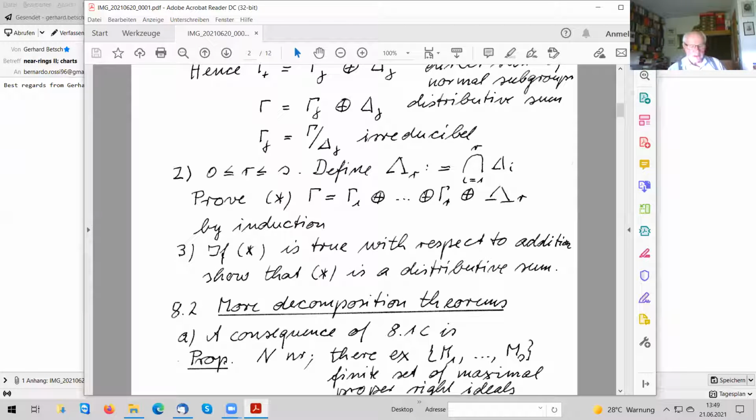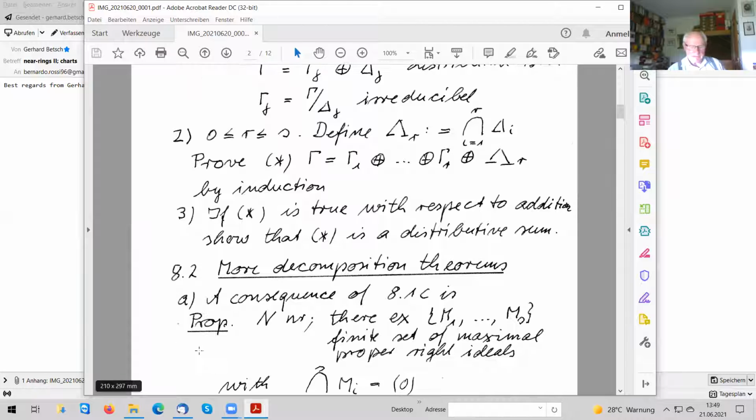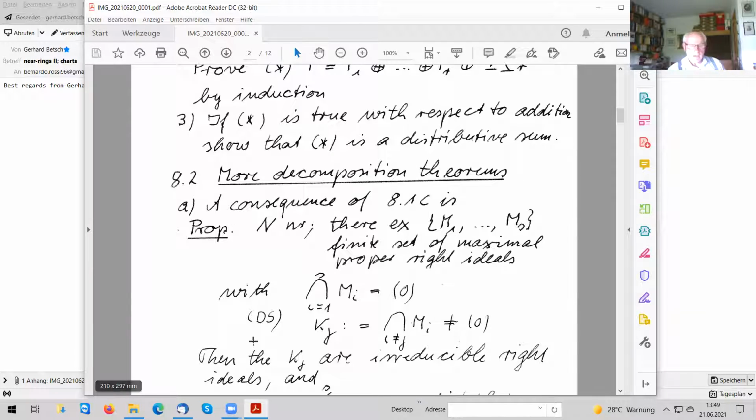Now we want more decomposition theorems. As a consequence of 8.1c, we get the following proposition. Let n be a Near-ring. And we assume there exists a finite set of maximal proper right ideals with this condition, which is formed like in 8.1c.